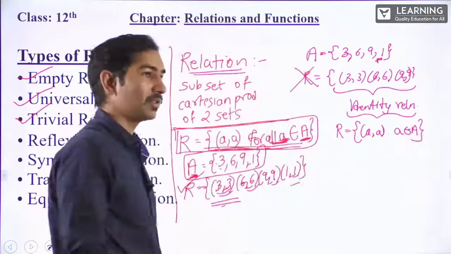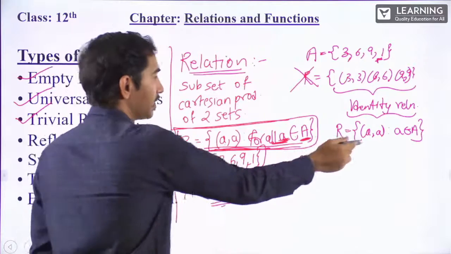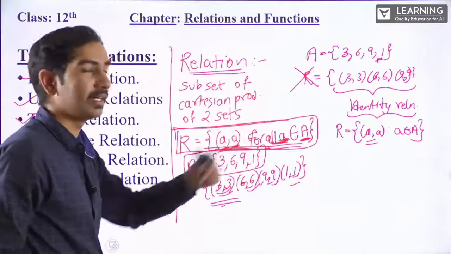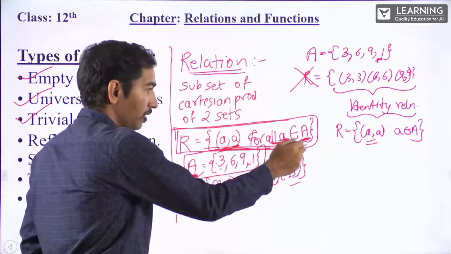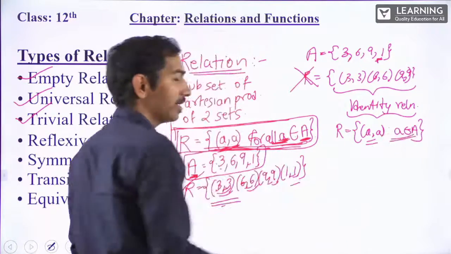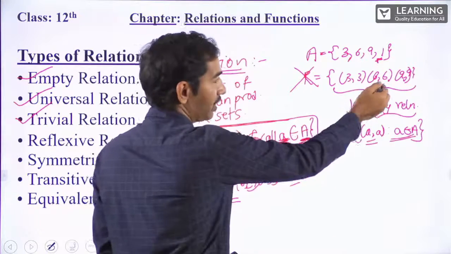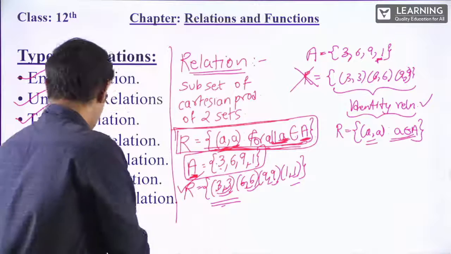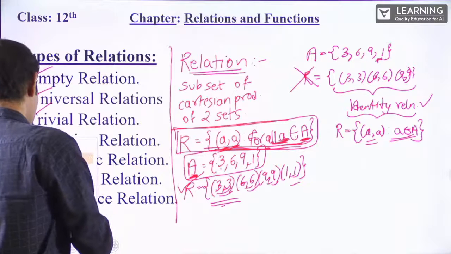So what is the difference, students? Here also it is (a, a), and here also it is (a, a). Here also a belongs to A. So what kind of relation is this? This is an identity relation. The difference here is this.